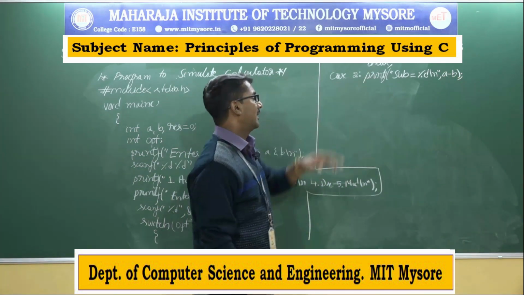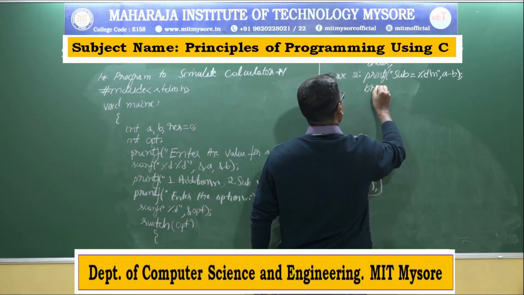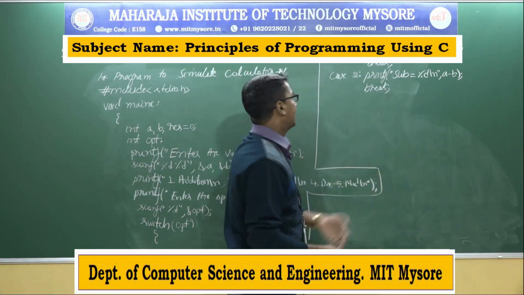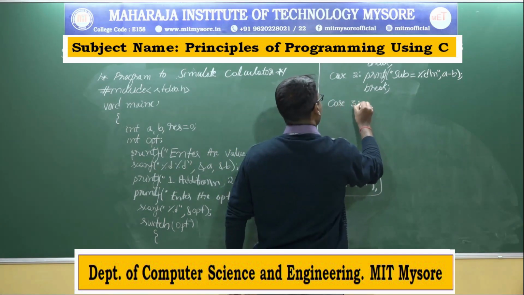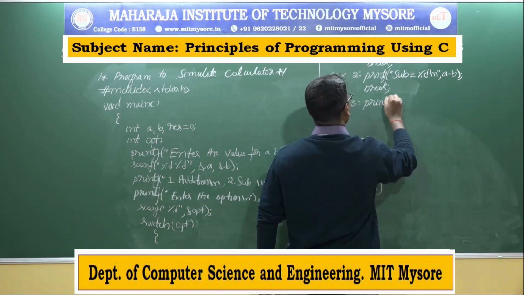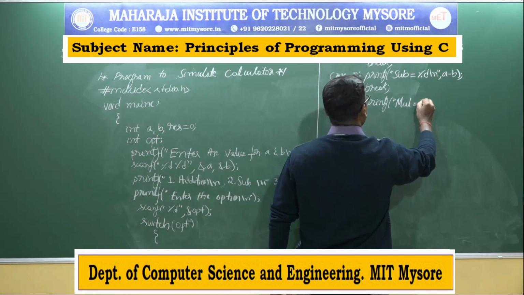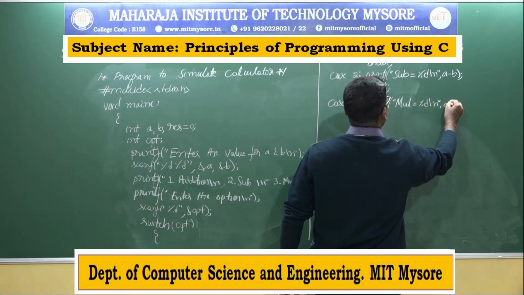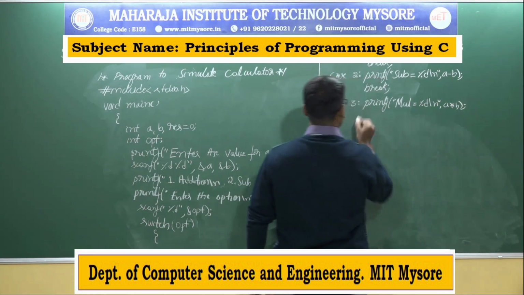After executing this statement, we need to terminate the switch statement, so specify break. If this case also does not match, then case 3. Case 3 is multiplication. Printf "multiplication is equal to %d\n", a into b, then break.